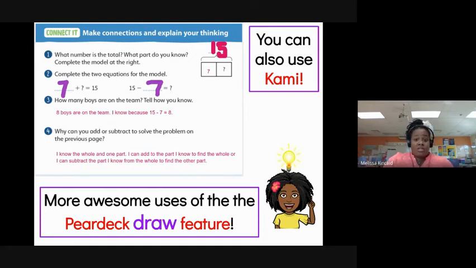So you can use the slides, save them as a PDF, and have the students write on them with Kami, or again, you can use Peardeck to have the students write on it as well. And if you want more information about either of these applications, stay tuned because we're going to get some information and some workshops out there on those too.